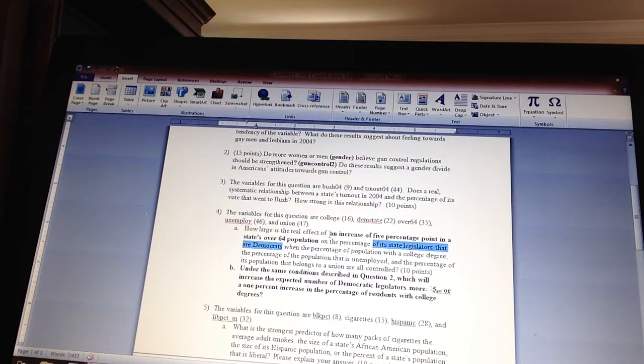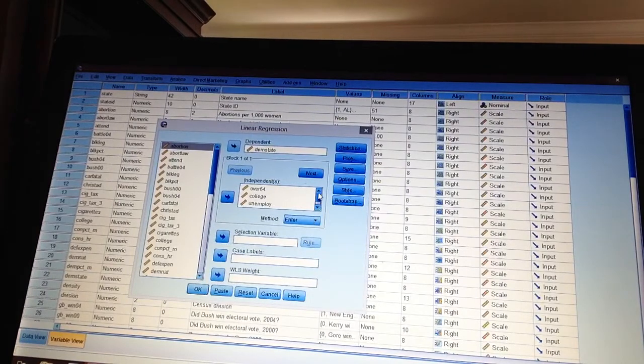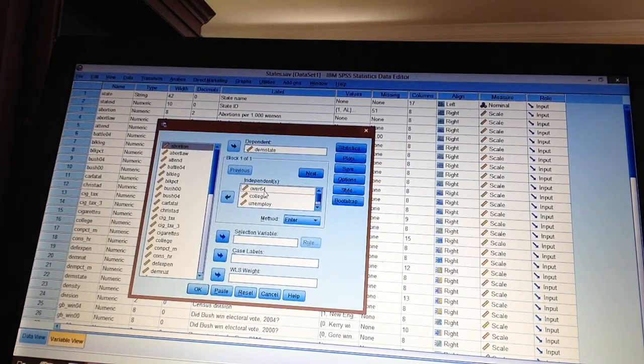The thing that we think does the predicting, which in this case is the over 64 population, is an independent variable.